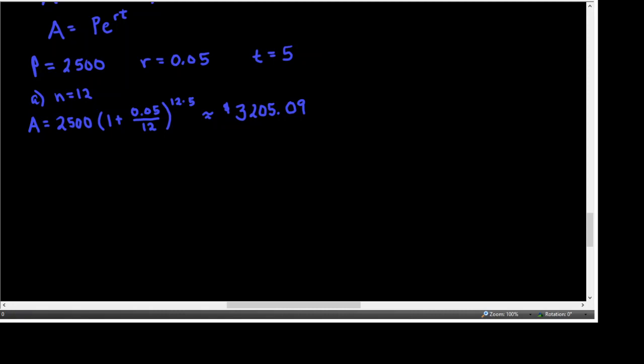Okay, B. Monthly. Oh, my goodness. I said quarterly and then went straight to n equals 12, and that means I messed up. So actually, that was part B, monthly. And this is going to be part A, quarterly. Sorry about that.